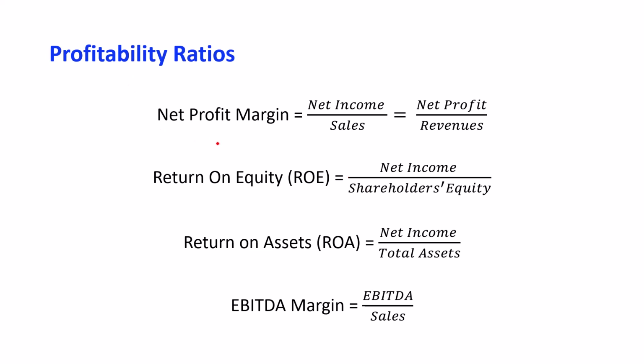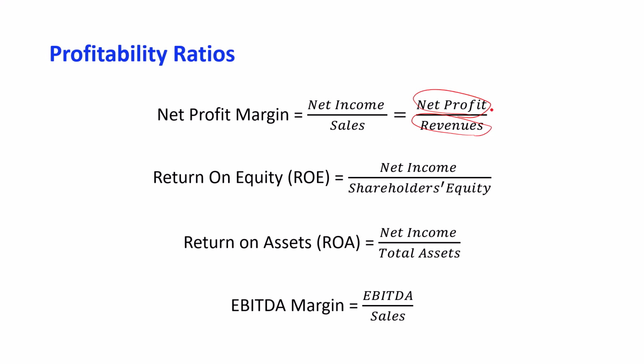For example, net profit margin. In this one, after subtracting all the costs from your sales, including operating, financing, and taxes, you're looking at how much is left to the shareholders of the company, how much is your net profit per dollar of sales that you generated for the firm.